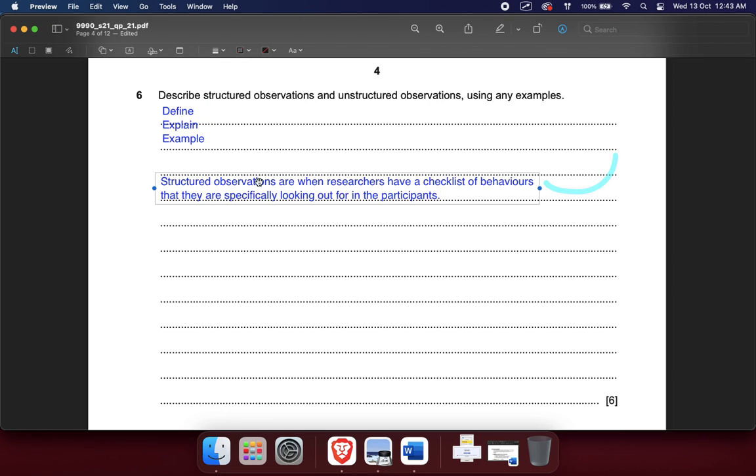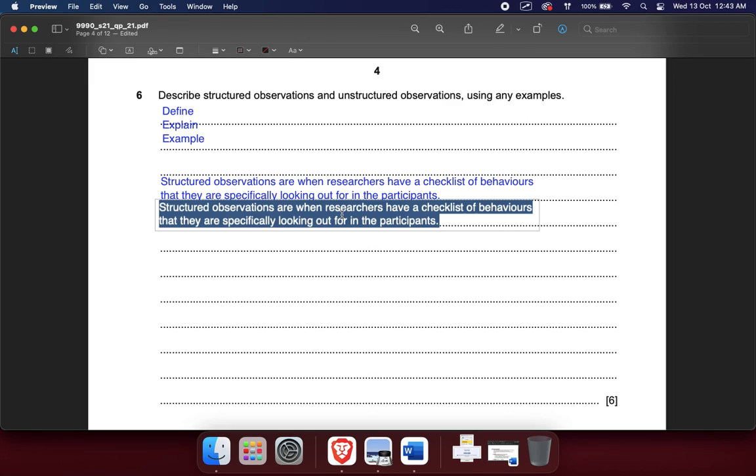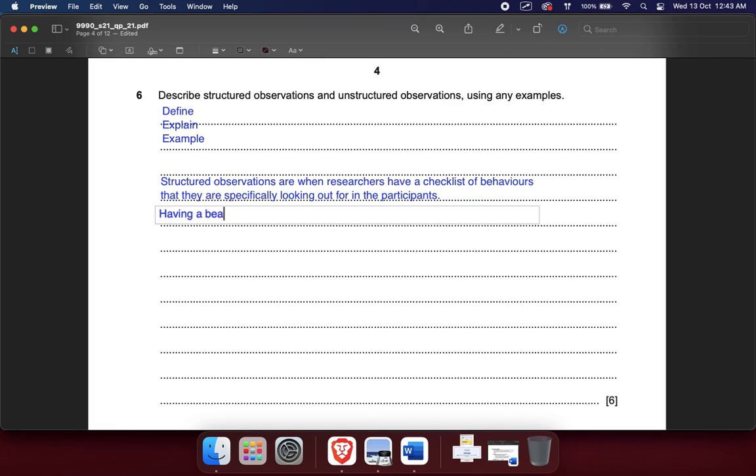Next, we have to explain. So let's explain. Think how can we elaborate on this? You might say things like having a behavioral checklist is good because what? Why is it good to have a checklist?